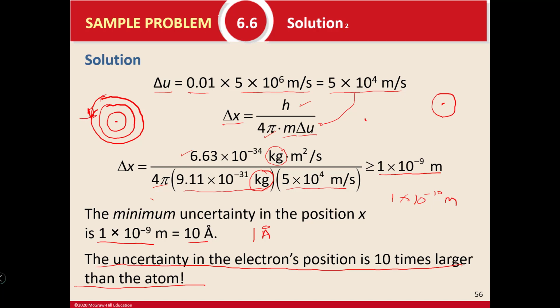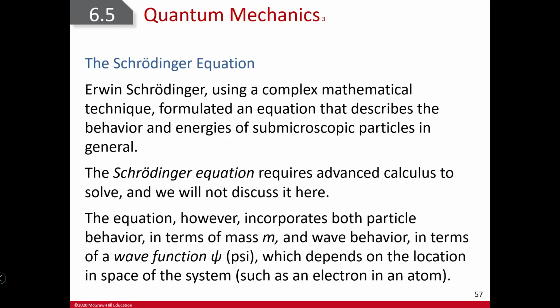And then I can wait for it to come back around, and then I know how long the path is, so I would know its position and momentum at the same time. But Heisenberg just said you cannot know the position and momentum of the electron at the same time. So, atomic theory is about to change dramatically.